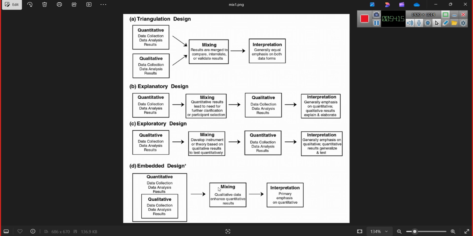And we have more complex designs like the embedded design, where, for example, a qualitative design may be embedded or nested in a quantitative design. For example, in an experimental design, you may want to have a case study design, in an educational context, where a classroom may be investigated as a case study through the process of doing the experimental design.